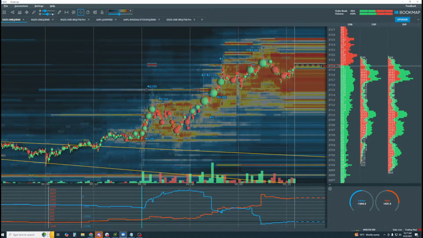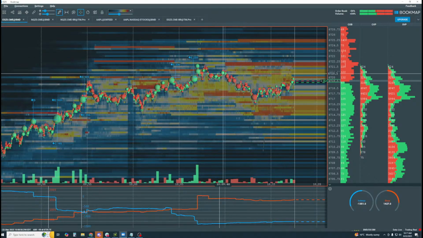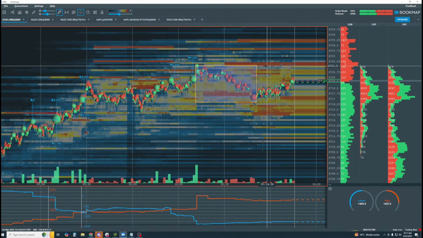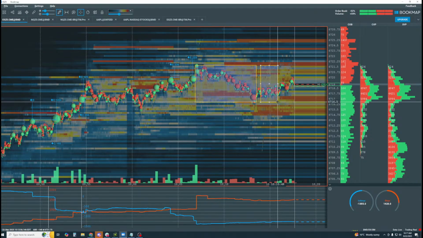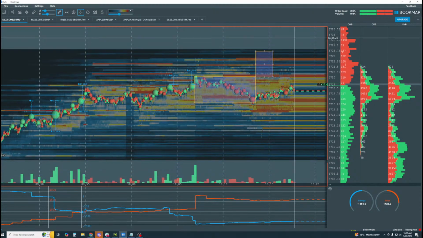You've seen me do it many times in here. Okay, so for example, if we're looking at a range, and you kind of draw up that range, and you're looking for a range move, one way or the other here, and then you just duplicate it.